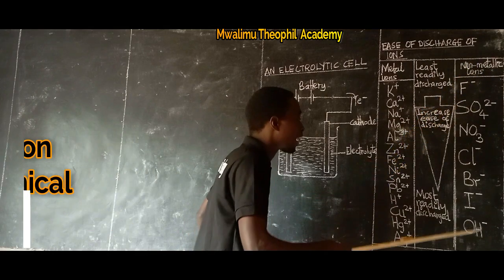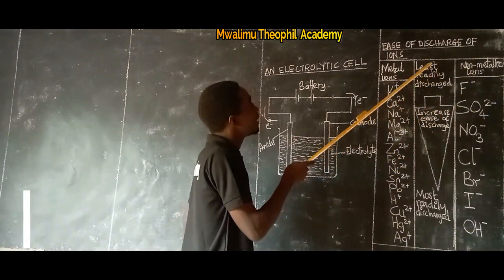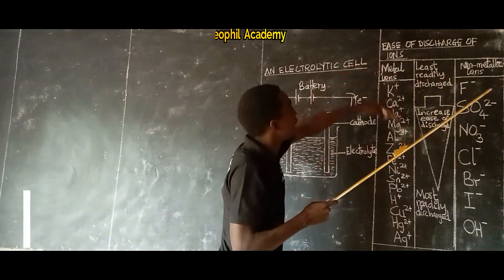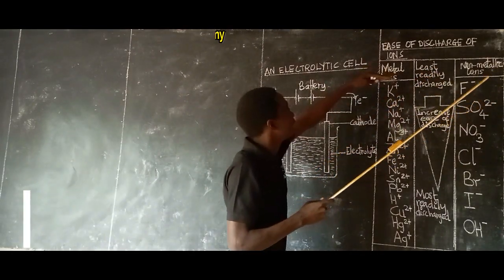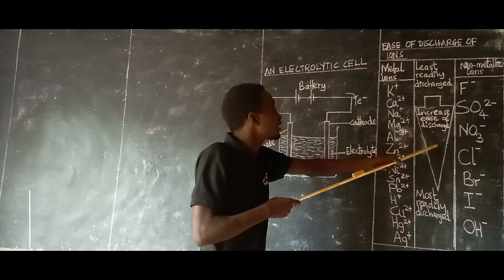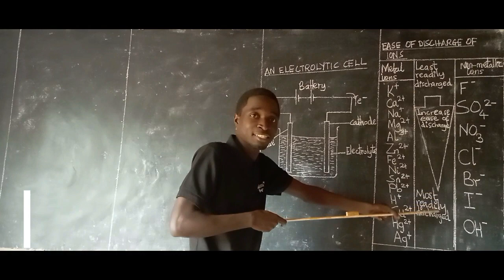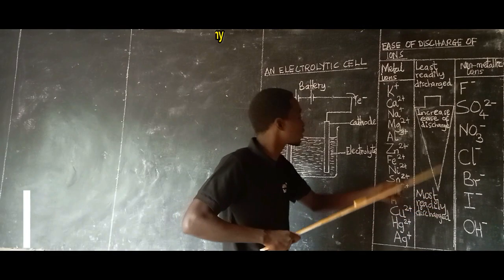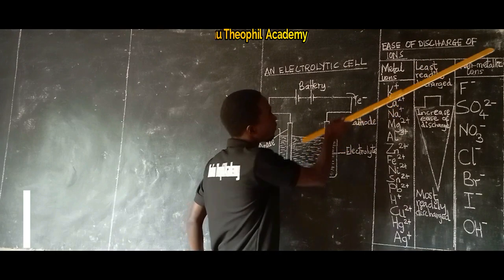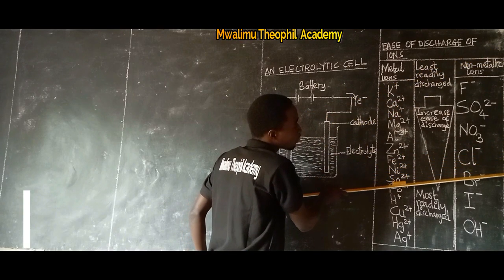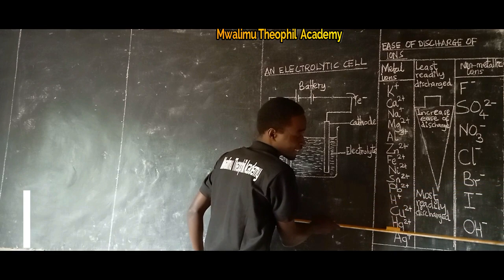Here it is written readily discharged. It means that the ions found at the upper part are not easily discharged. As you move downward, the chance for the ion to be discharged increases. And at the end, it is written most readily discharged.